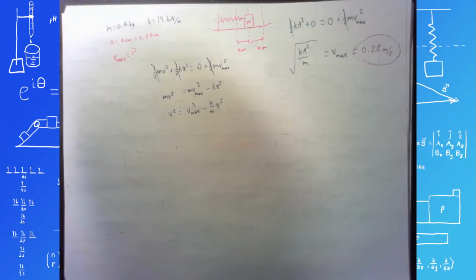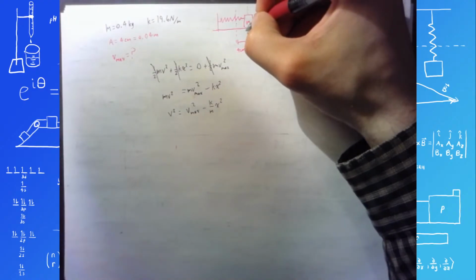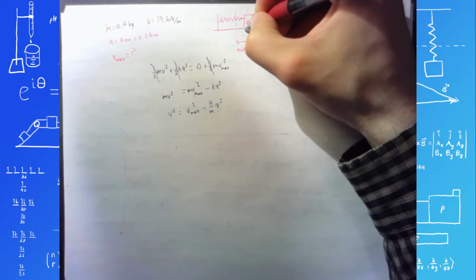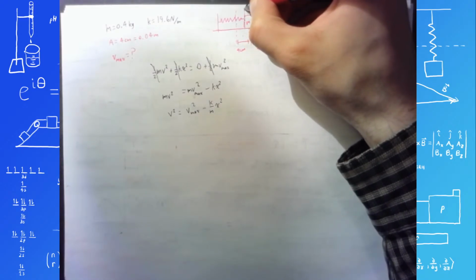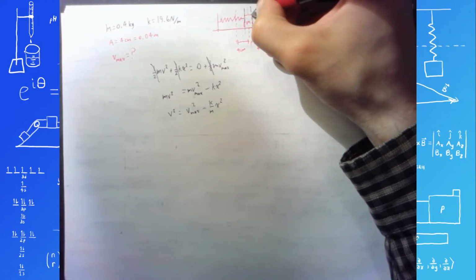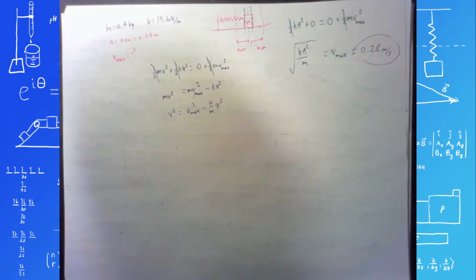So v max squared, that's 0.28 squared, minus k was 19.6 over m was 0.4 times x squared. x was 1.5 centimeters, is what the problem said, which is about here, or perhaps here, depending on which side we're talking about.